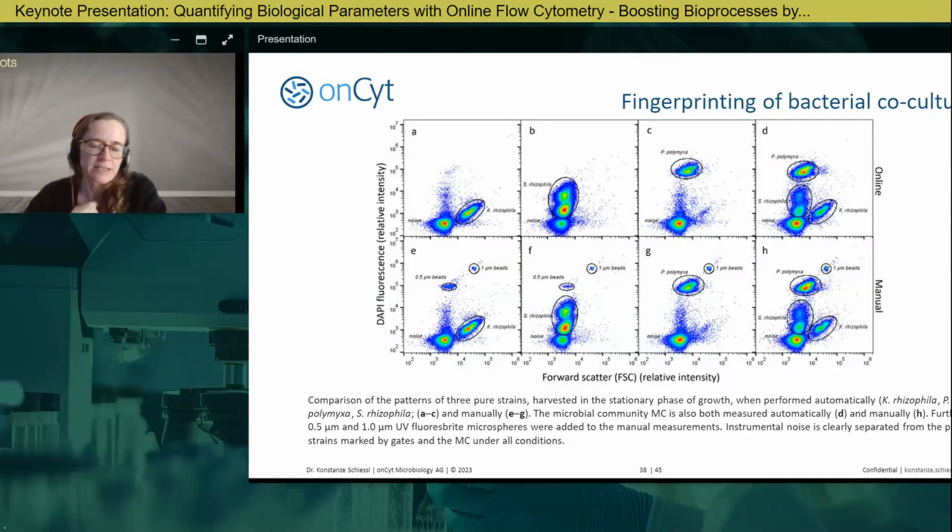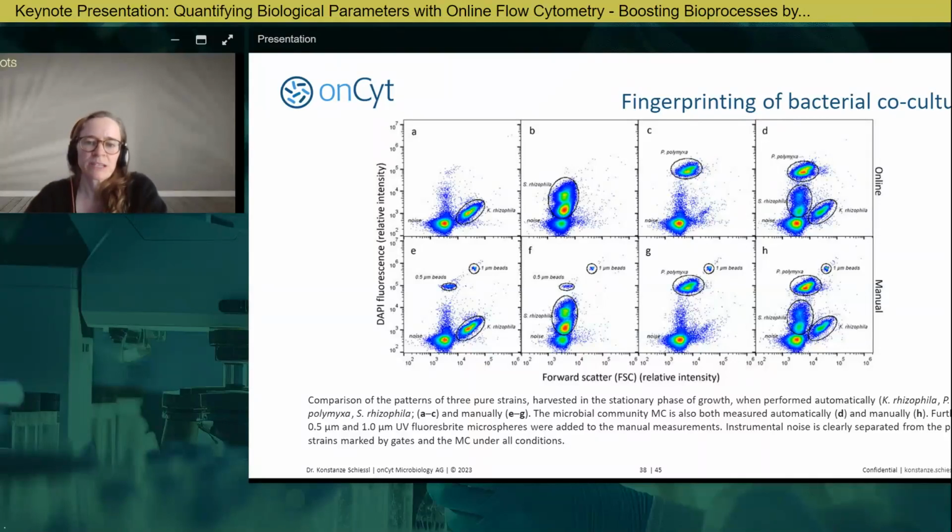So these are, again, these typical flow cytometry plots. Here you see a thing that's called scatter. So we're not just looking at fluorescence, we're also looking at scatter and some type of fluorescence. This is DAPI, which is linked to the DNA content. And then you see a lot of populations popping up.